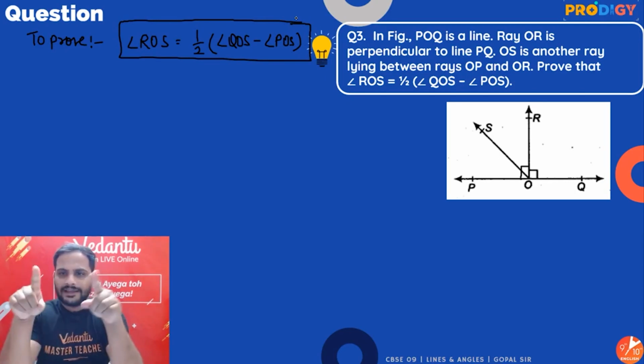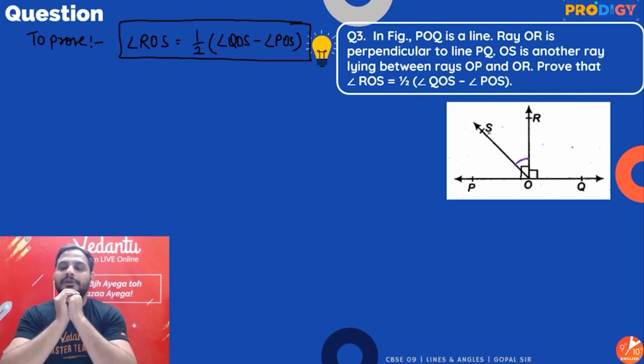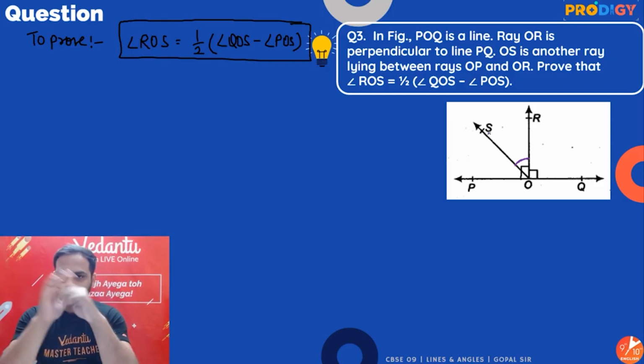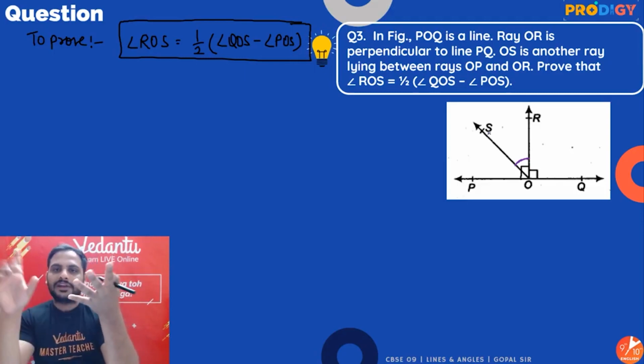We want angle ROS to be involved in the question. Then angle QOS. QOS is this complete angle. That should also be involved, and POS, that also should be involved. So that is what we saw. So now I will try to relate ROS, POS and QOS.